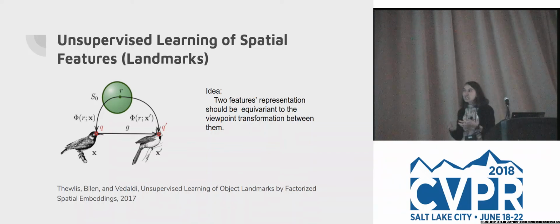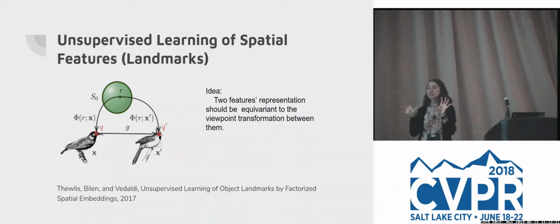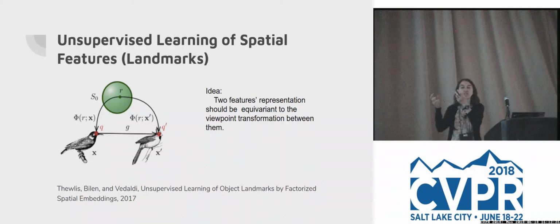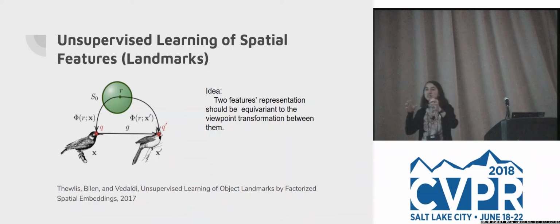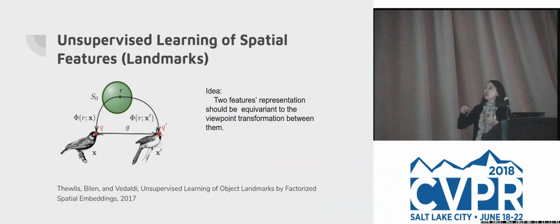I'm mentioning that they're doing some 2D rotations, but the underlying idea comes from 3D. If it's two viewpoints of the same object, or even two birds that should have the same landmarks, like their eyes, their beak, and so on, these landmarks will map to the same 3D point, from which you can then find the projection.